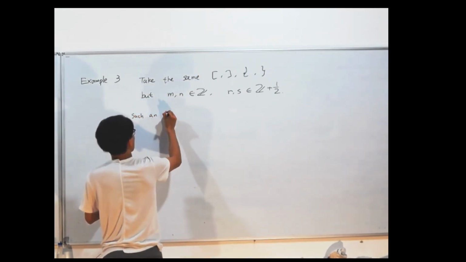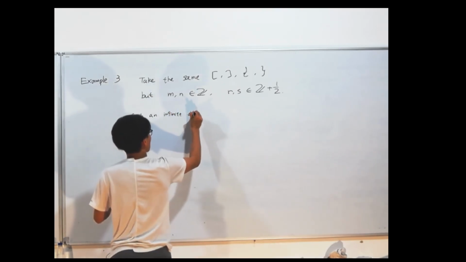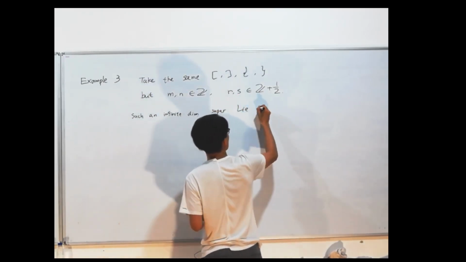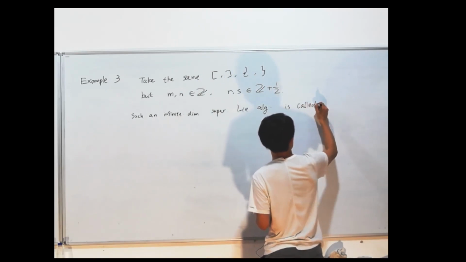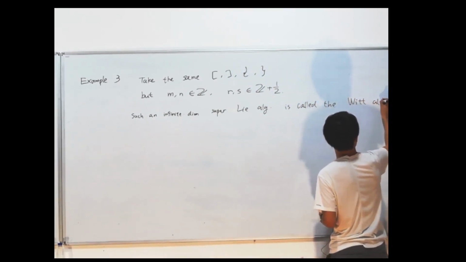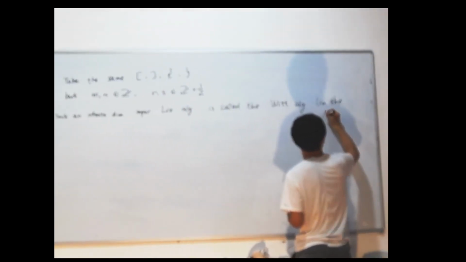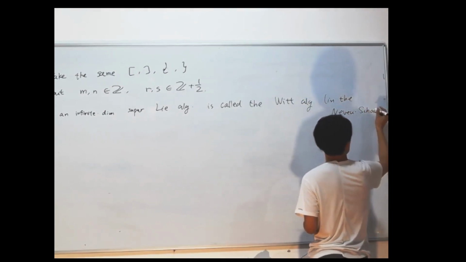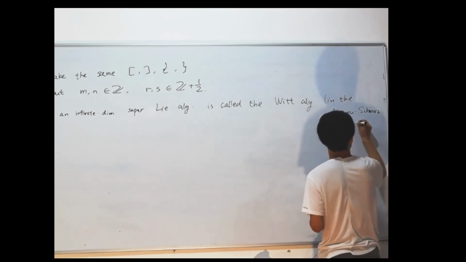Such an infinite dimensional super Lie algebra is called the Witt algebra, strictly speaking, in the so-called Neveu-Schwarz sector.